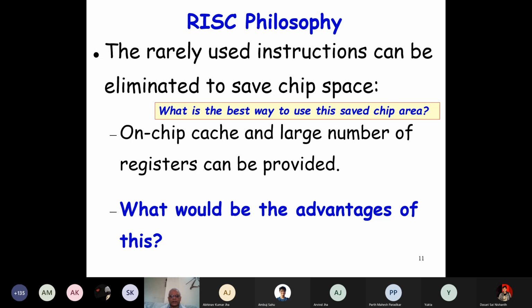We'll see what is involved in pipeline. Pipeline does not require extra hardware. It uses the same hardware. Now you have the hardware available. Okay, you have a lot of semiconductors available. Pipelining will not require extra semiconductors. We will come to that later. Yes, that's the correct answer.